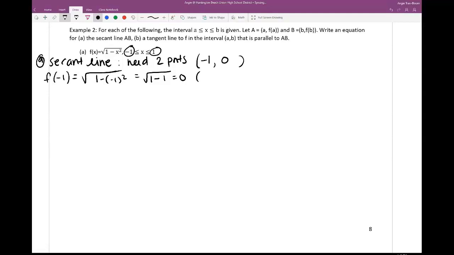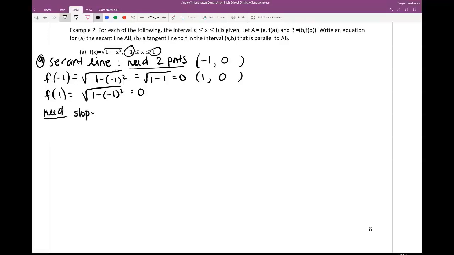My second point is going to be 1 comma, let's find f of 1. Would you agree that it's the same thing, right? It's going to be square root of 1 minus 1 squared, which is 0. So that's again 0. So now you have 2 points, but what else do you need? You also need a slope.